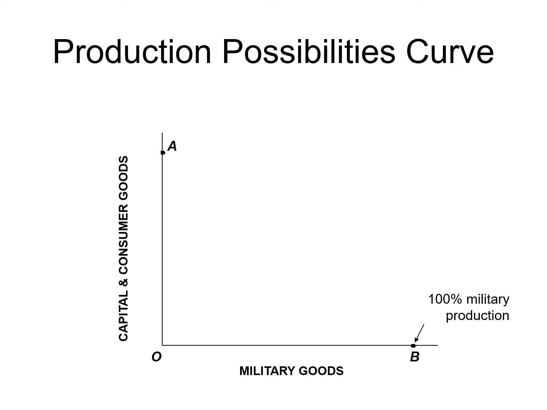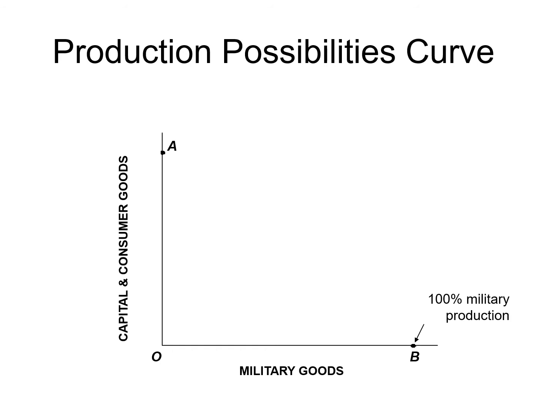This graph will represent the trade-off between military output and civilian production. So we're going to construct a production possibility frontier, a curve which represents potential output of military goods versus civilian goods. Notice on the vertical axis we have capital goods and consumer goods on the same y-axis.